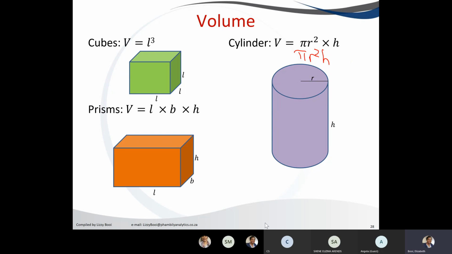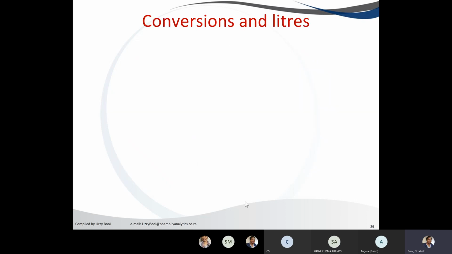Not only that, you need to know this. Same as when you convert from one unit to the other, the volume is most of the time calculated in liters. So you need to know how to convert from centimeter cubed to meter cubed or to kiloliters or liters. So for example, you need to know that 1 liter is equivalent to 1,000 centimeter cubed. Then you also need to know that 1 liter is also the same as 1,000 milliliters.